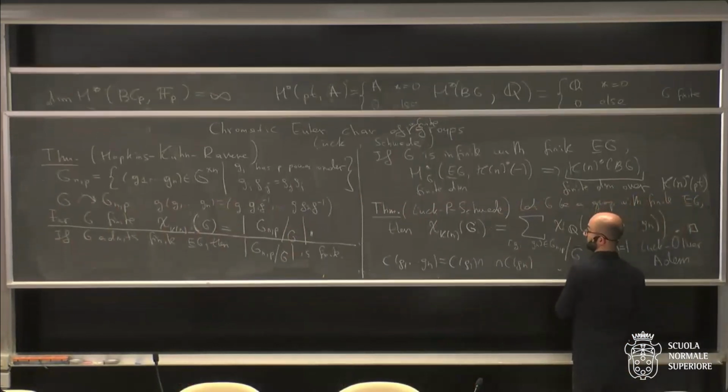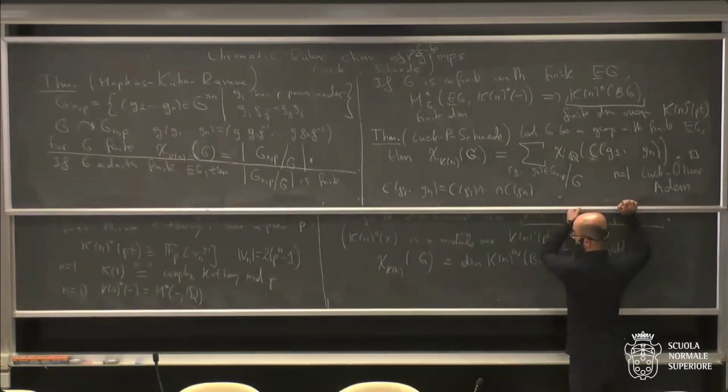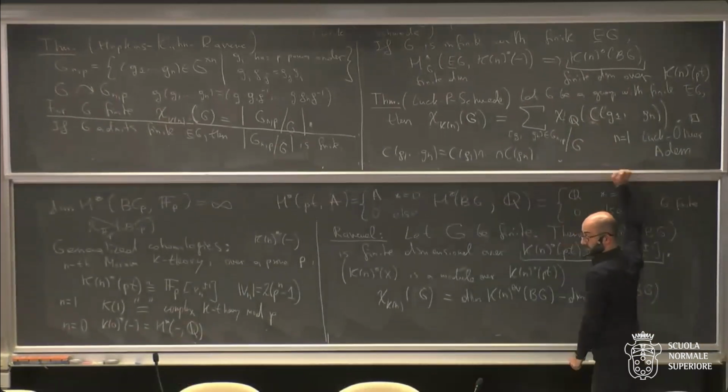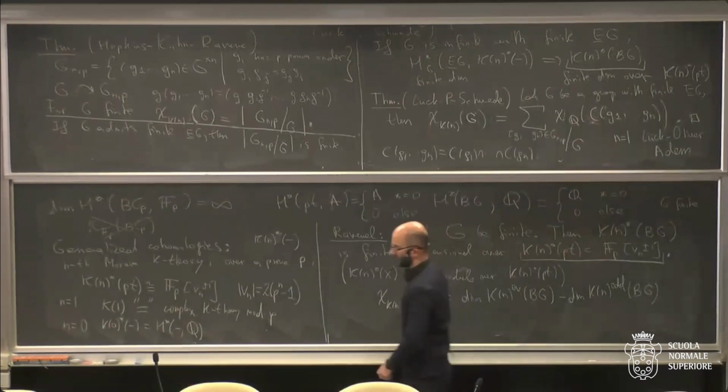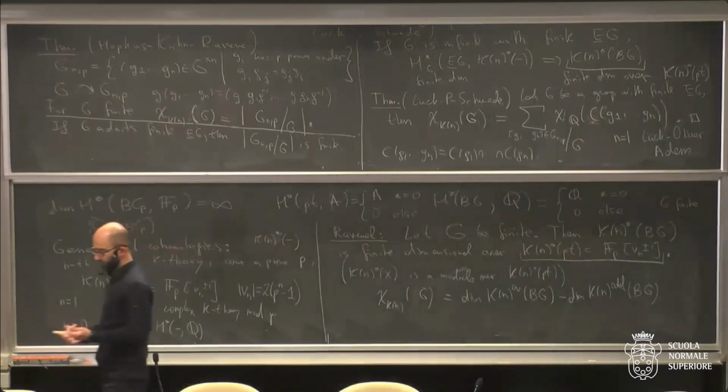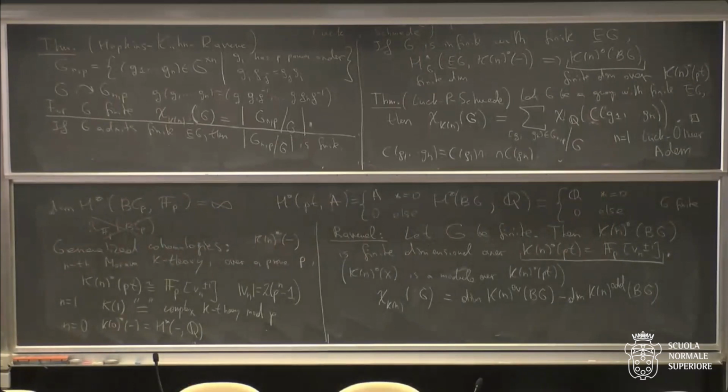So far the only application I have is to explicitly compute some stuff. And the hope is, well, I wrote down this formula due to Brown before, which was about computing rational Euler characteristics in terms of the orbifold Euler characteristics of centralizers.